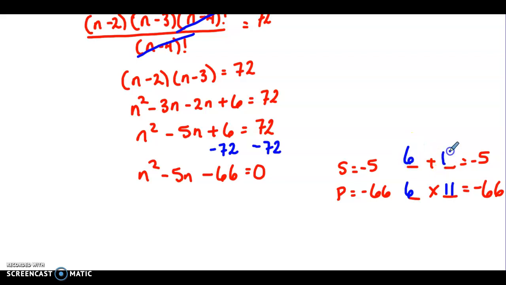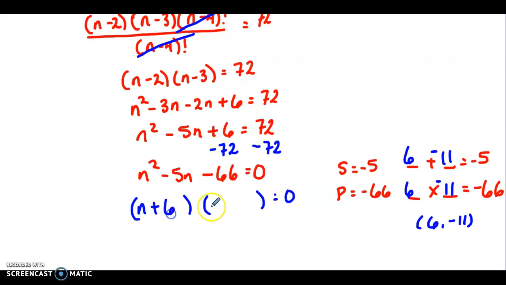In order to add those two numbers together to get a negative 5, we need positive 6 and negative 11. 6 and negative 11 are the two numbers we are looking for. So (n plus 6) and (n minus 11).